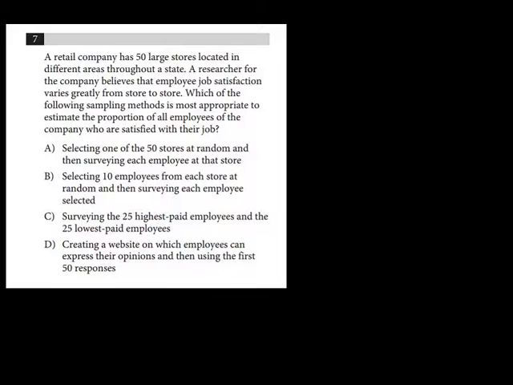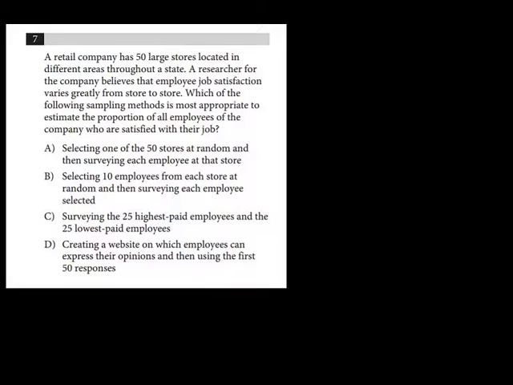For example, in option A, we see that selecting one of the 50 stores at random, then surveying each employee at that store, there could be like a conflict with the store, because you're choosing all the employees from this particular store, so it's not as random, and this particular store might just have bad employee satisfaction, so you may get bad results, but that doesn't mean for the holistic scores.